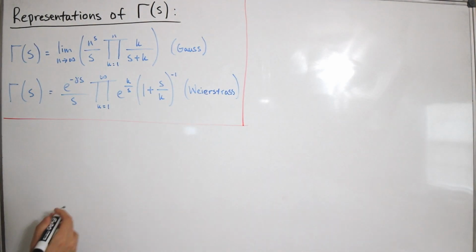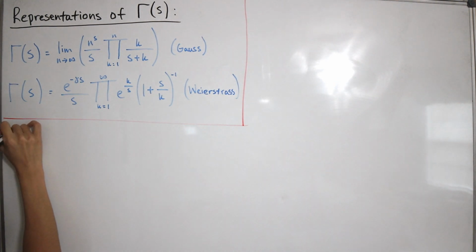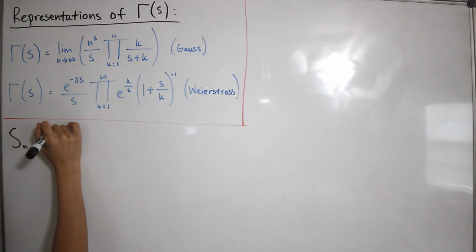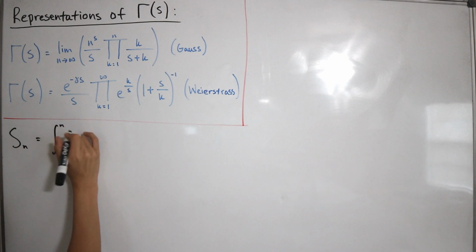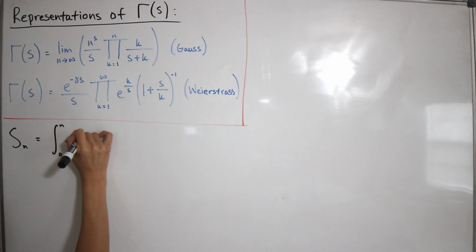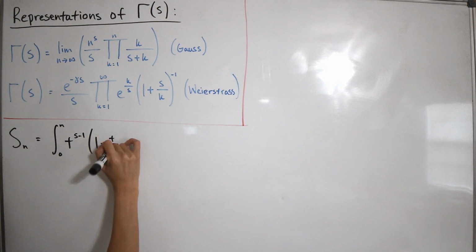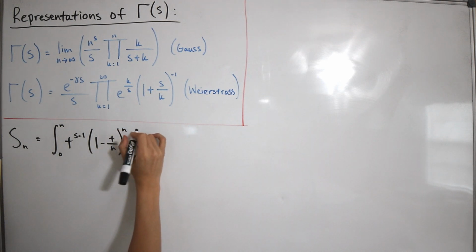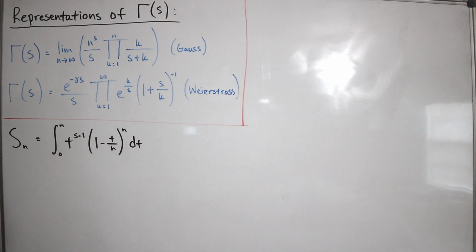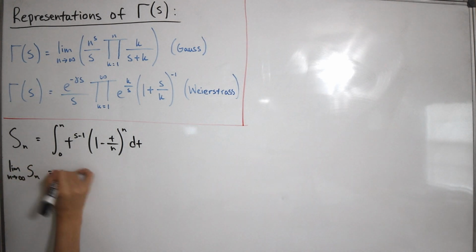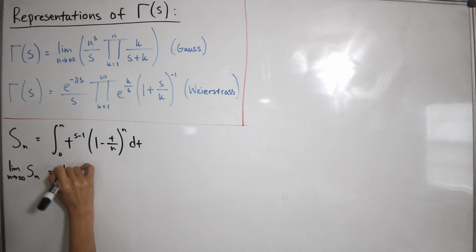So we're going to consider the integral S sub n, which says that we have the integral from 0 to n of t to the power s minus 1, multiplied with 1 minus t divided by n, to the power n, dt. Let's say we take the limit as n approaches infinity. On the left-hand side we have the limit as n approaches infinity of S sub n, and of course we take the limit on the integral as well.